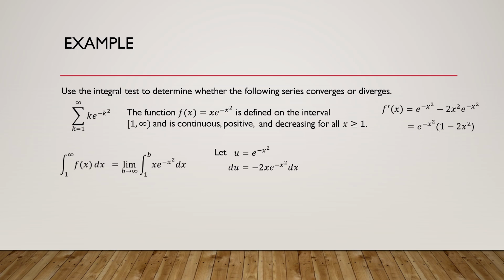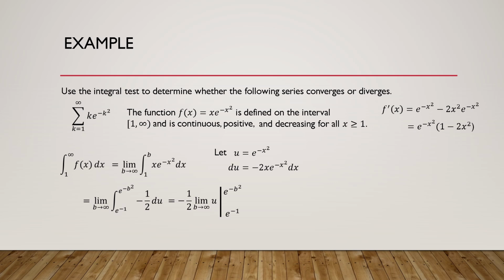When we substitute, we also substitute the limits of the integral, so as to get the limit as b approaches infinity of the integral from e to the negative 1 to e to the negative b squared of negative 1/2 du. We can take the negative 1/2 out as a constant and take the integral, giving us negative 1/2 times the limit as b approaches infinity of u evaluated from e to the negative 1 to e to the negative b squared.